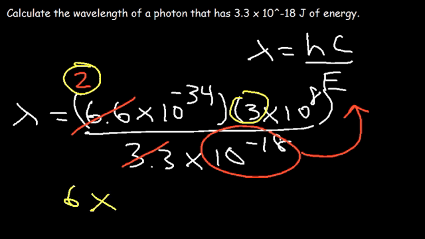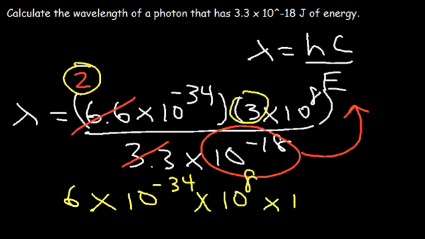So we have 6 times 10 to the negative 34 times 10 to the 8 times 10 to the positive 18. Keep in mind, whenever you move a base from the denominator to the numerator, the exponent has to change sign. In this case, it's going to change from negative to positive.